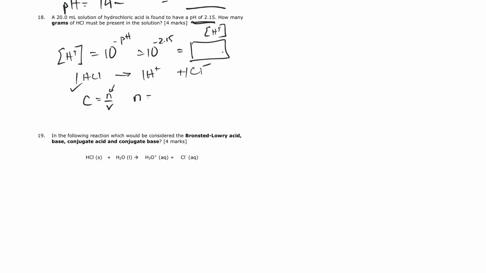So moles is equal to C times V. So take this concentration, plug it in for C, multiplied by the volume right there, 20 milliliters, 0.0200 liters, times those together. That'll give me the moles of hydrochloric acid.